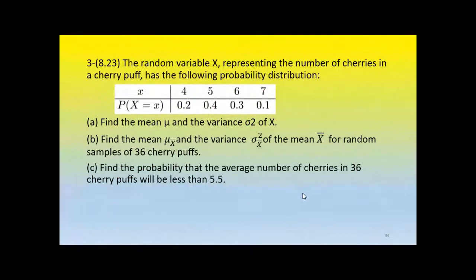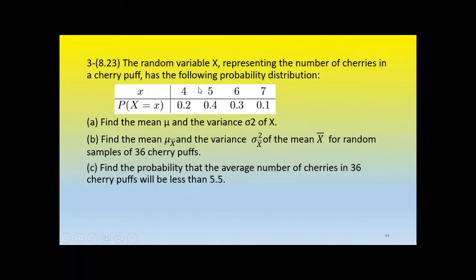Next, yes. The random variable x representing the number of cherries in a cherry puff has the following probability distribution. So x representing the number of cherries, and the probability.